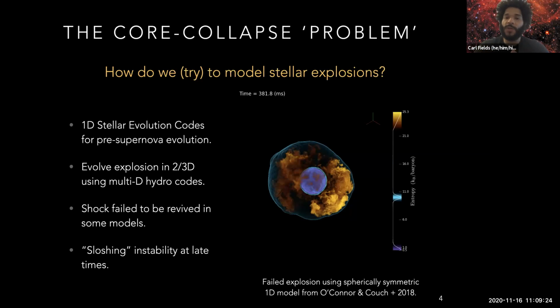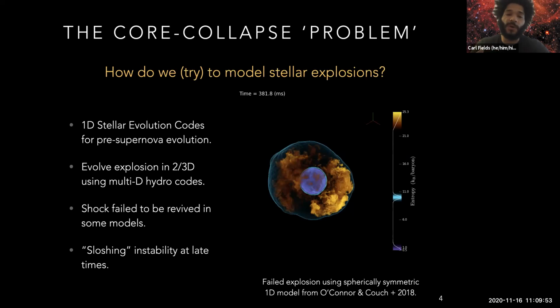And so now we have this question as to, what is the reason that we're not able to produce these robust explosions? For this particular progenitor, we expect it to explode. So what are the main factors that are sort of preventing us from doing that? So typically what happens is people will take a 1D stellar evolution model from, say, MESA or KEPLER, evolve it all the way to core collapse. Then they'll map it over into their 2D and 3D hydrodynamics codes.